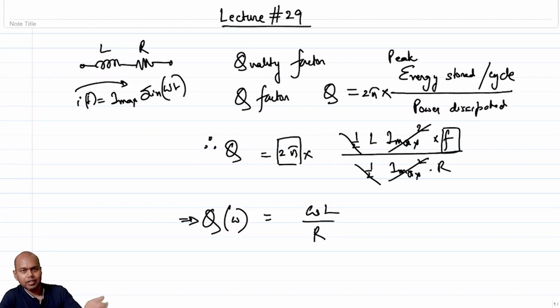This R has skin effect, proximity effect, and all those other things, which are also frequency dependent, and you will be absolutely correct. But to the zeroth order, till the frequency at which those skin effect and proximity effects don't start to dominate, at least I can say that my inductor will have a better quality factor at higher frequencies.